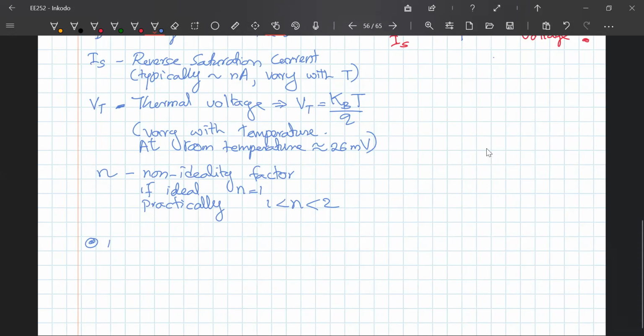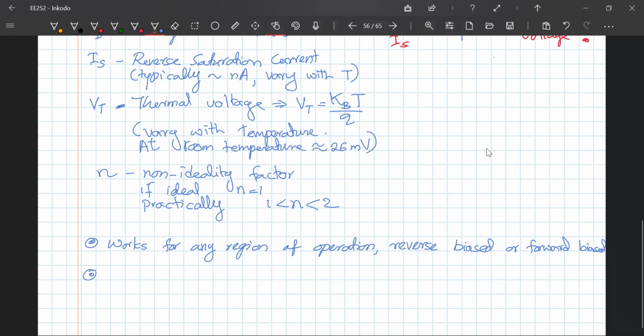So it works for any region of operation, reverse biased or forward biased. Both are fine.